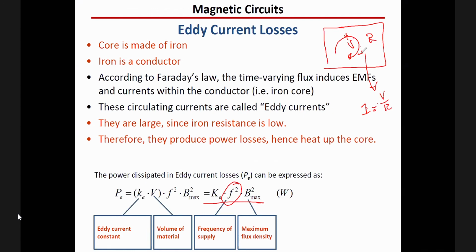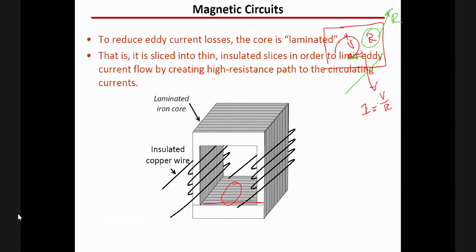We cannot prevent the voltage from being induced, but we can break the current path. We can make the resistance very high. If we make the resistance very high, even if we have induced voltage, the amount of current will be very small or negligible. So the question now is how we can make this R very high.